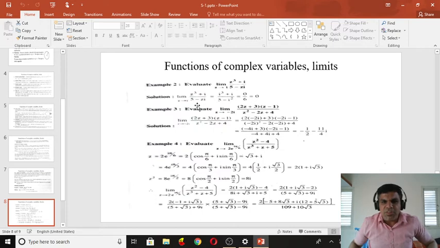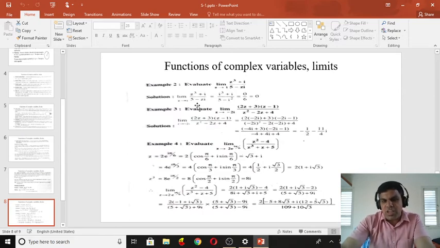Now we come to one more definition. If you apply the limit, z tends to 2 times e power i pi by 6 of z square minus 4 divided by z cube plus z plus 5. Now this limit is in exponential form, z tends to 2 times e power i pi by 6.